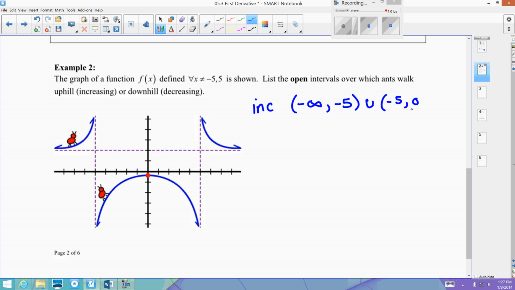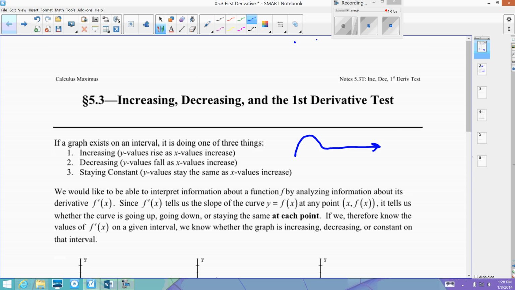So even though -5 isn't a critical value, it is a discontinuity. So we can change increasing, decreasing, or constant at those values. In this case, we didn't happen to. All right, we have this critical value where the derivative is 0. So from 0 to 5, it's decreasing, and also from 5 to infinity.